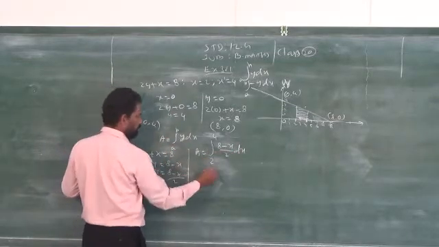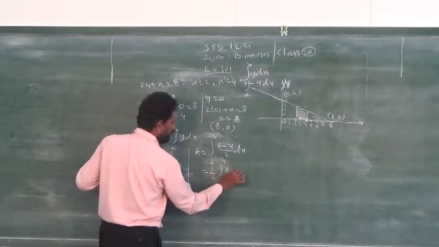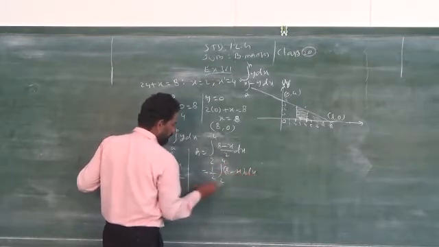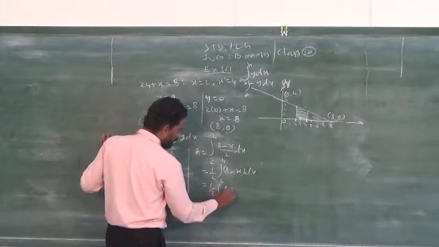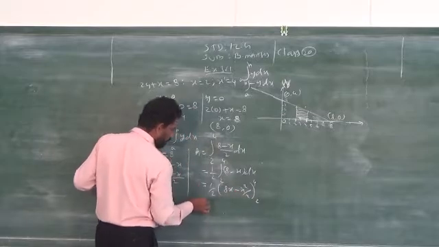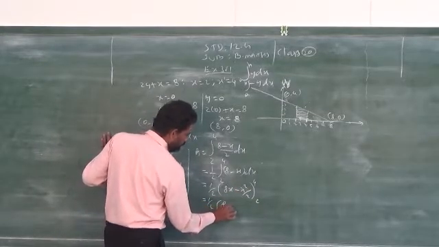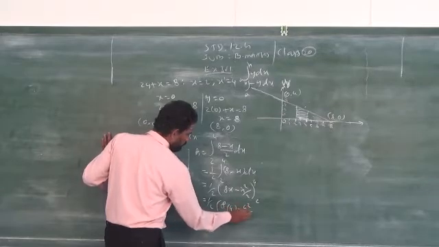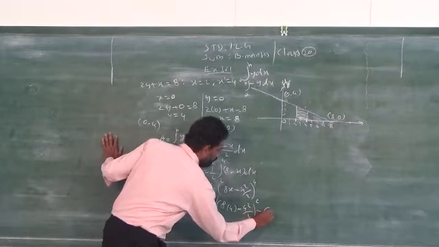Normally you take 1 by 2 outside. The rest will be normal integration, (8 minus x) into dx. So integration of 8 is 8x, this is x square by 2, then 2 to 4. Apply the limits: upper limit minus lower limit.